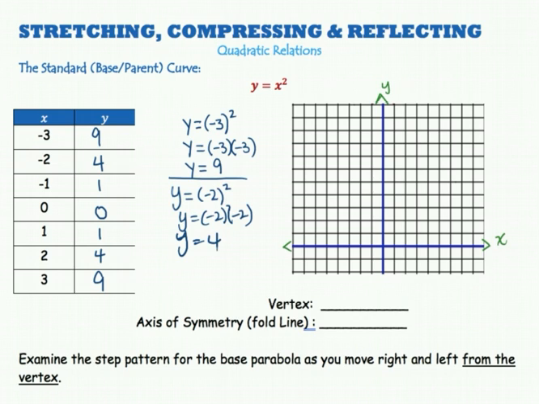Always plot the x first. So it's -3, 1, 2, 3, and then it's +9, 3, 6, 9. And then -2 and 4. -1 and 1. 0, 0, 1, 1.